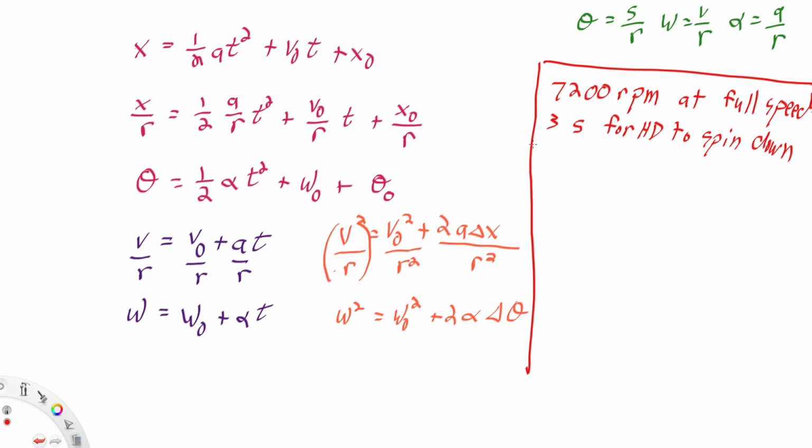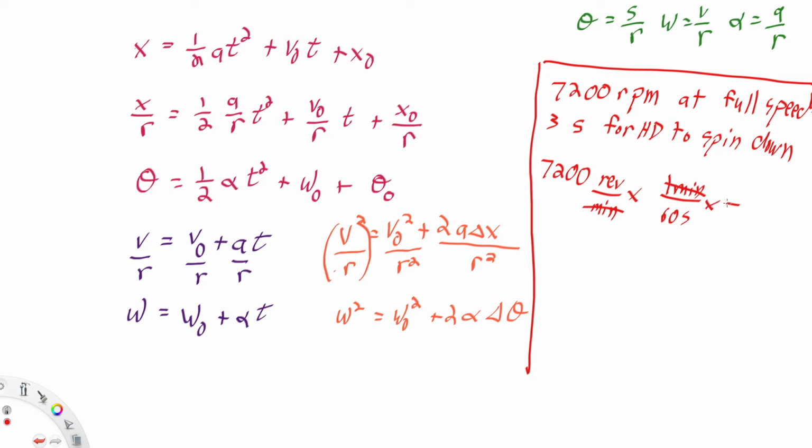Well, we're going to convert 7,200 revolutions per minute into radians per second, because we can't do physics on revolutions per minute. We need it in terms of radians. So first of all, 1 minute has 60 seconds, so our units of minutes go away.